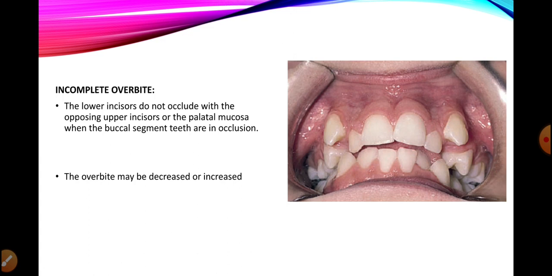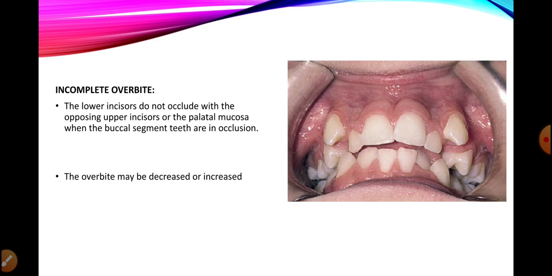In cases of certain malocclusions, for example, class 2, they are coming in contact with the palatal mucosa that is even lying behind the cingulum. Therefore, the lower incisal edges are either coming in contact with the soft tissue of the palatal mucosa, or with the upper dentition at any point, maybe the cingulum plateau, maybe anterior to the cingulum plateau, depending upon the type of malocclusion.